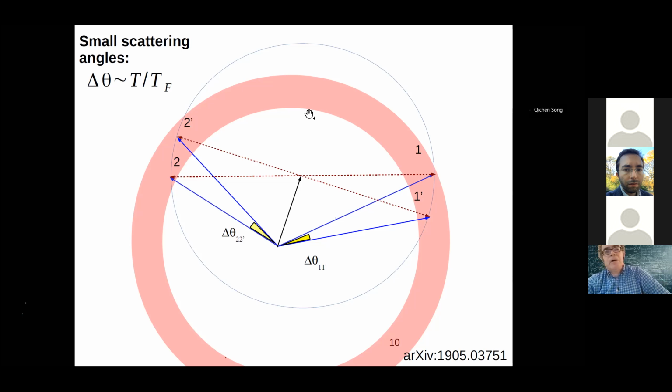Therefore hydrodynamics cannot occur, because particles cannot change the orientation of their momentum by more than that much, and that's a very small number when temperature is low. So hydrodynamic behavior is very hard, maybe even impossible to achieve.